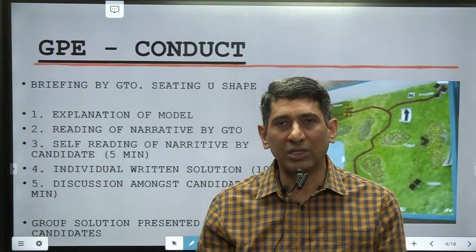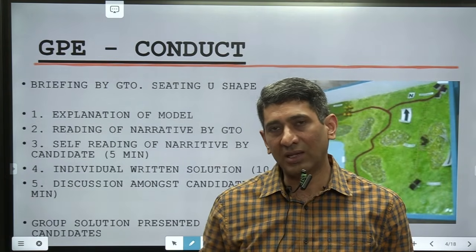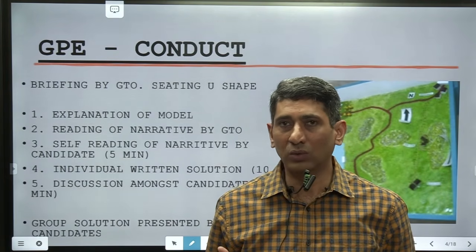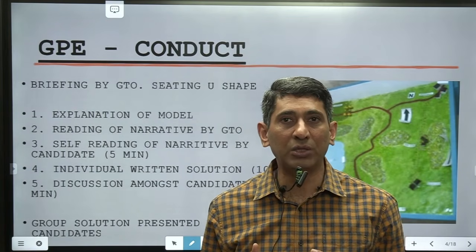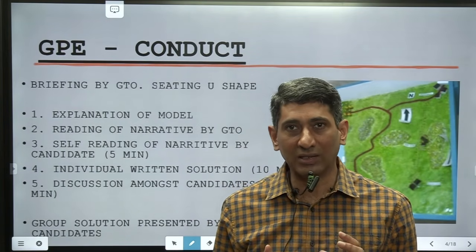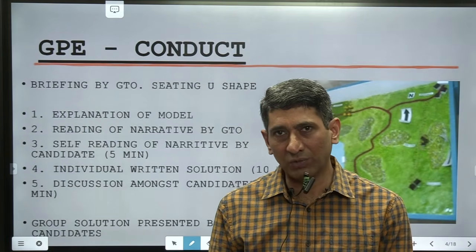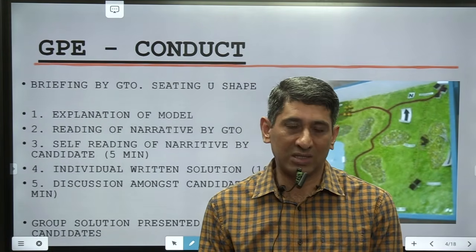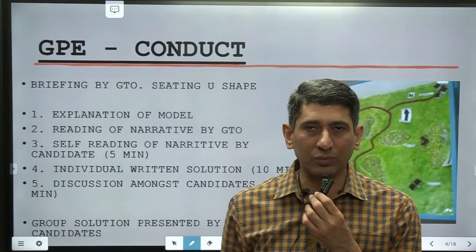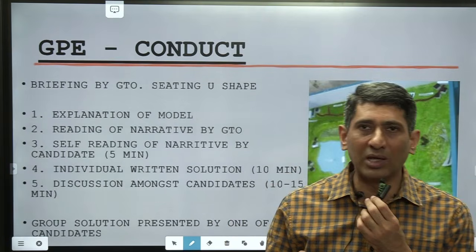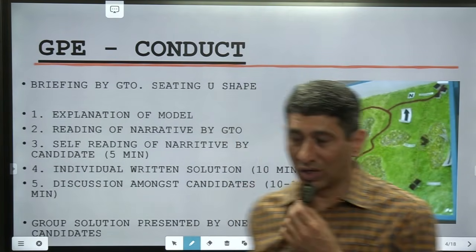After 10 minutes, he will collect your answer sheets, and thereafter he is going to ask you to discuss as a group for 10 to 15 minutes to arrive at an agreed group solution. And when the time is over, or even before that, if you come to any consensus, you are required to nominate one of the members of your group who will tell the GTO what the group solution is all about.